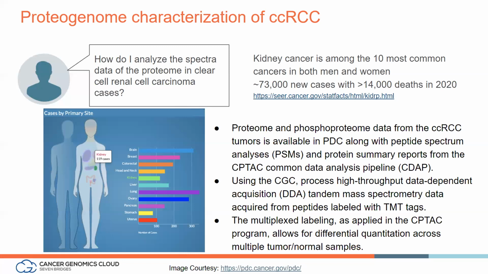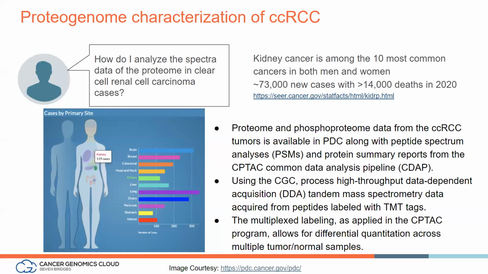So as you know, kidney cancer is among the 10 most common cancers in both men and women. What we're going to do is demonstrate going to the Proteomics Data Commons and finding the CPTAC data. It's multiplexed, and it allows for differential quantitation across multiple tumor and normal samples.